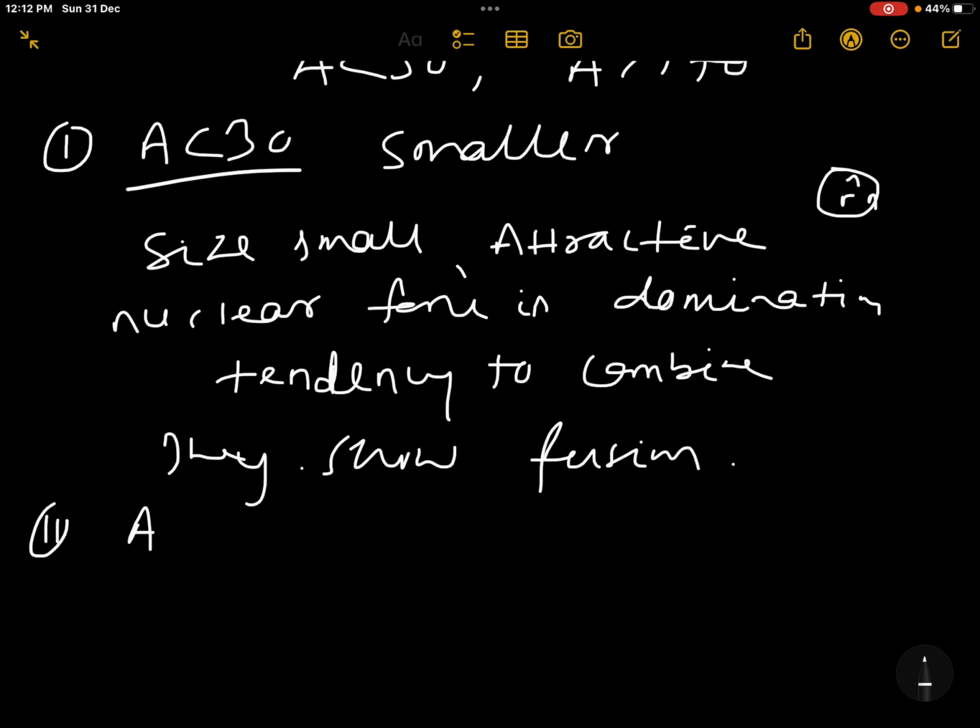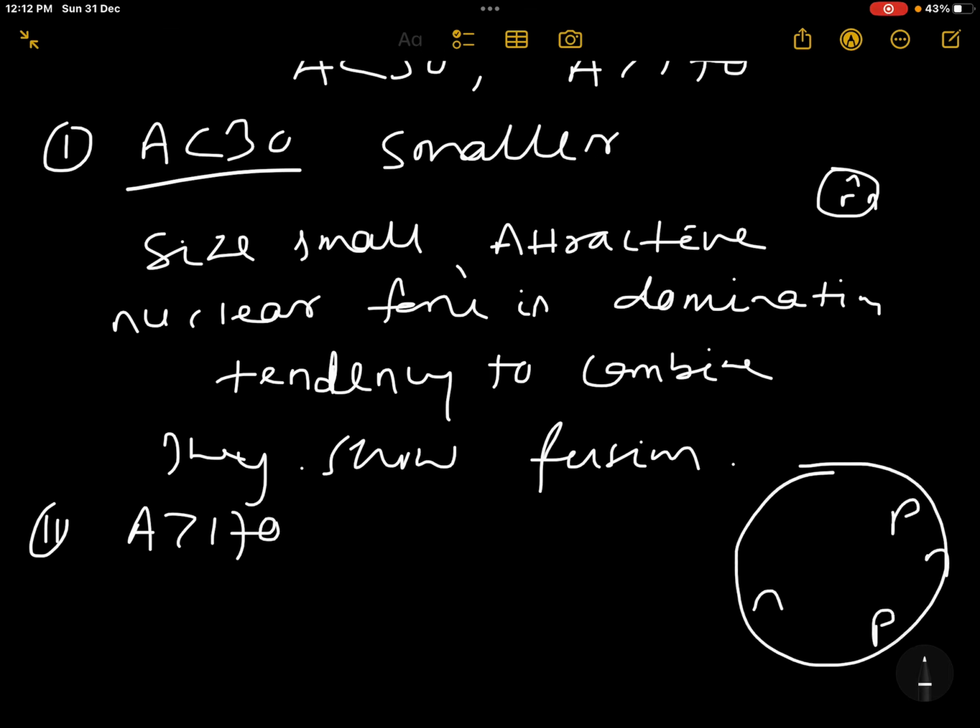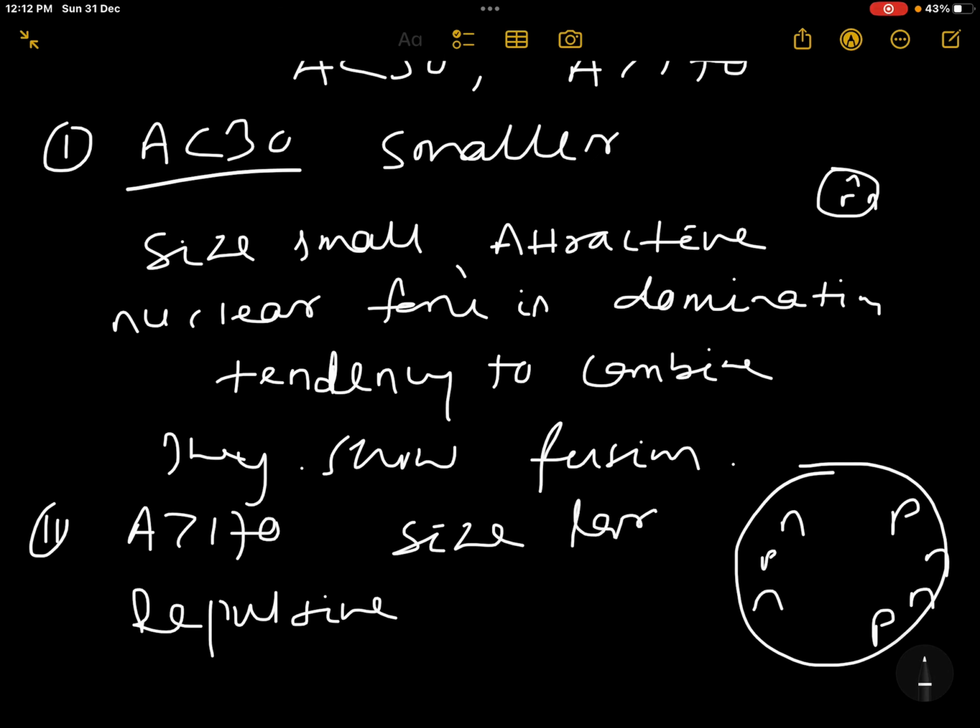Now what happens with the elements having mass number greater than 170? They are large in size. Some of the neutrons are away from the range. So which is dominating here? The range is more, so the nuclear force is less, so the repulsive electrostatic force is dominating. Size is larger, so the repulsive electrostatic force is dominating.